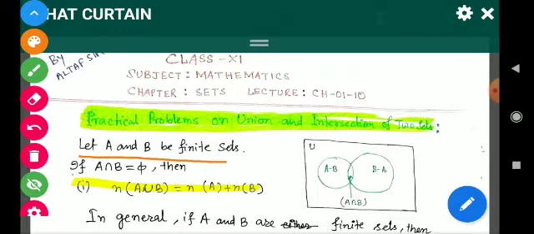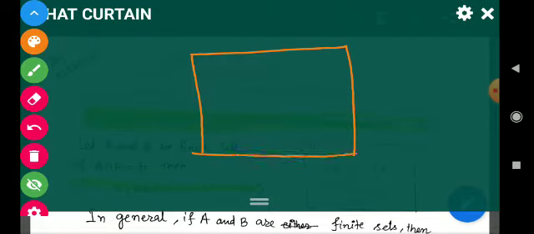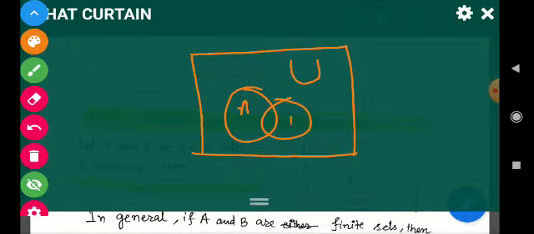If A intersection B is the null set, that means no common element is there, then the number of elements in A union B will be the sum of the number of elements of A and the number of elements of B. So what we have here is a universal set, this rectangle, and two sets A and B, but these two sets do not have any common element.